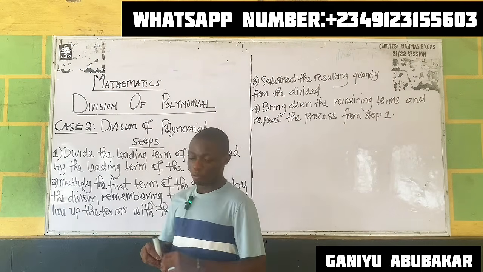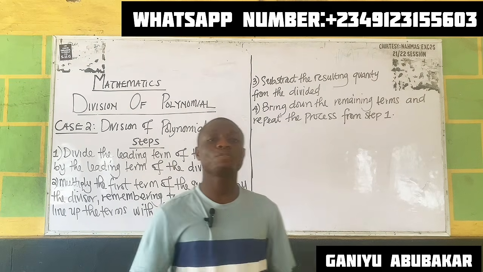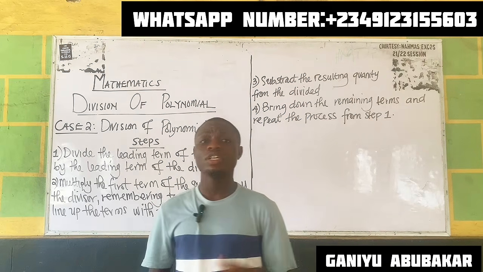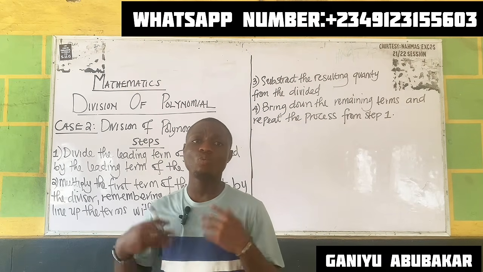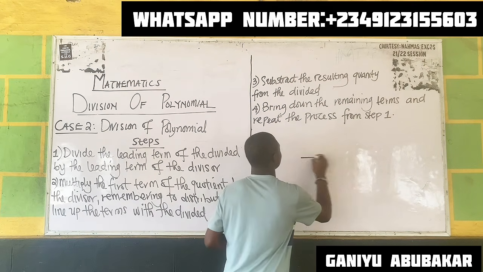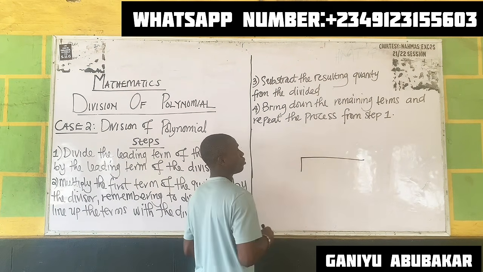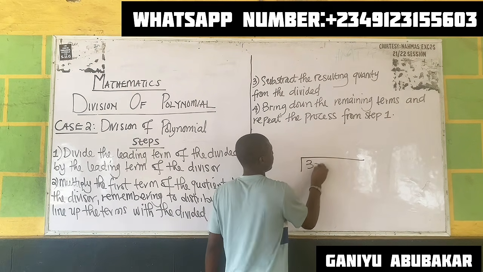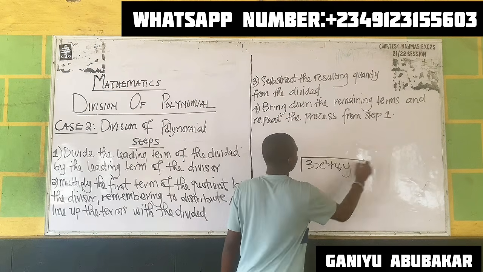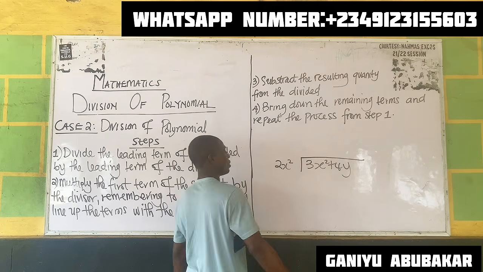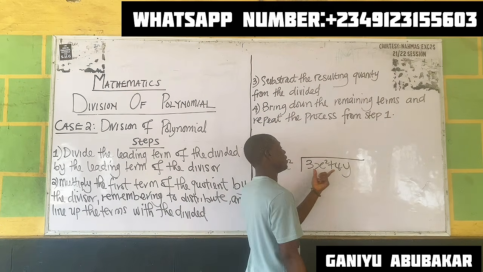First things first, if you observe these steps, there are some keywords here, like divisor, dividend, quotient. What do these mean? Let me explain. If I have a long form division, let's suppose I put 3x squared plus 4y, whatever, inside, and I put, let's say, 2x squared outside.